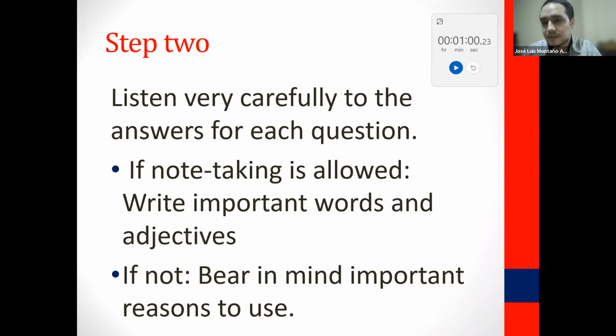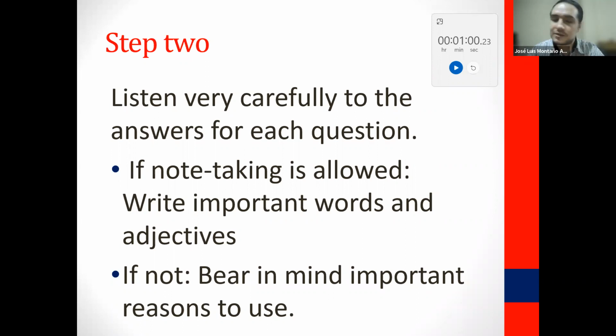Step two: listen very carefully to the answers for each question. Remember, I'm going to read those answers for you. Note-taking is allowed in this case, so you can take notes and write important words and adjectives.